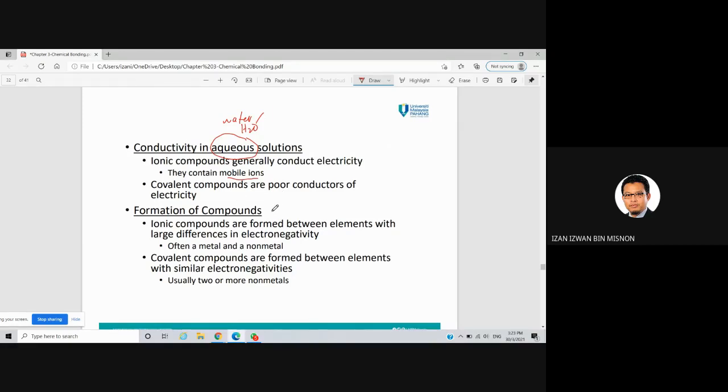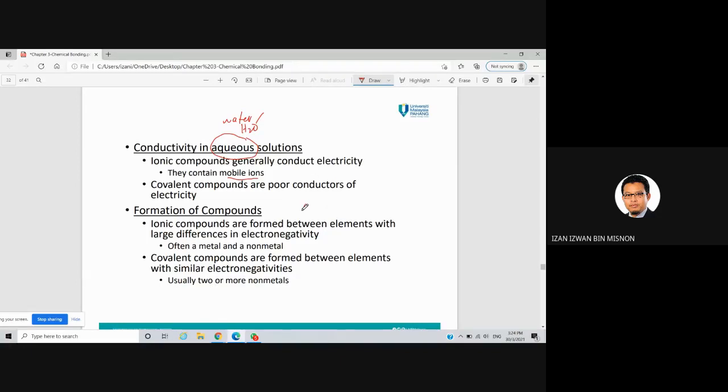Next will be on the formation of compounds. Ionic compounds are formed between elements with a large difference in electronegativity. That's why it takes place between non-metal and metal, since metal has lower electronegativity and non-metal has relatively higher electronegativity.